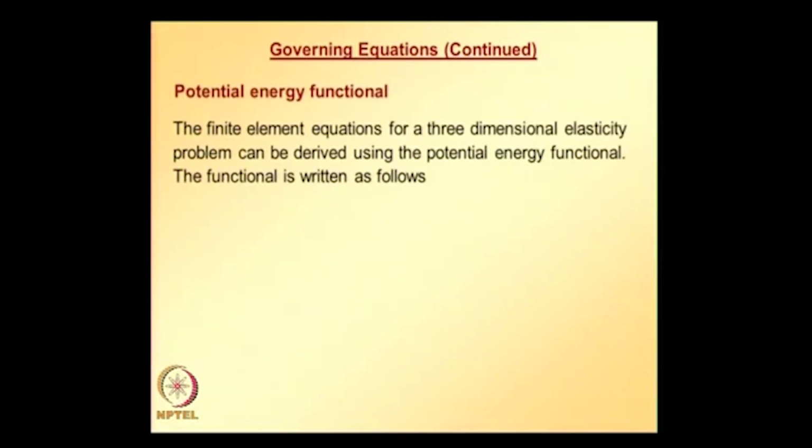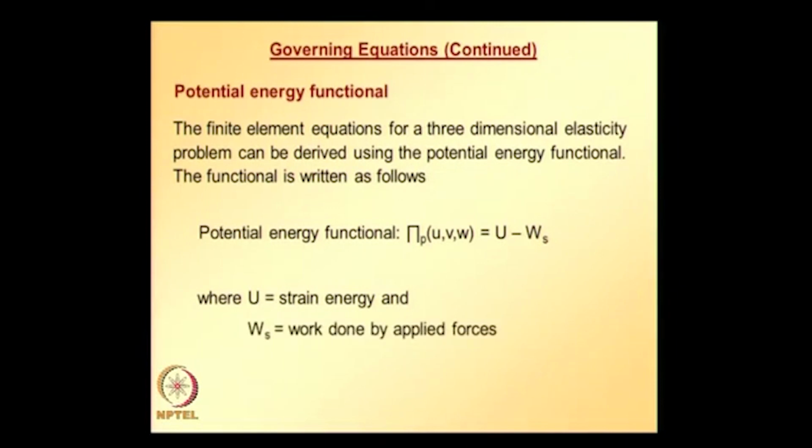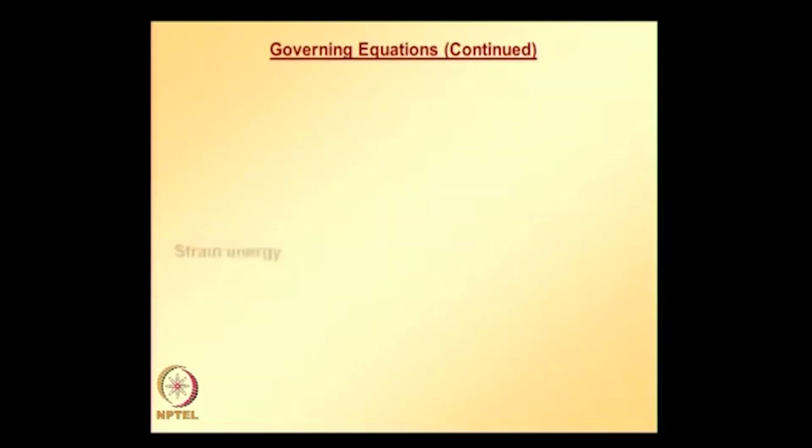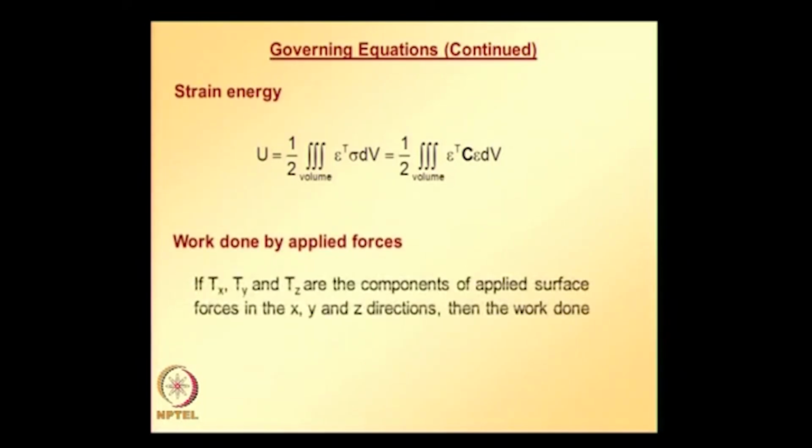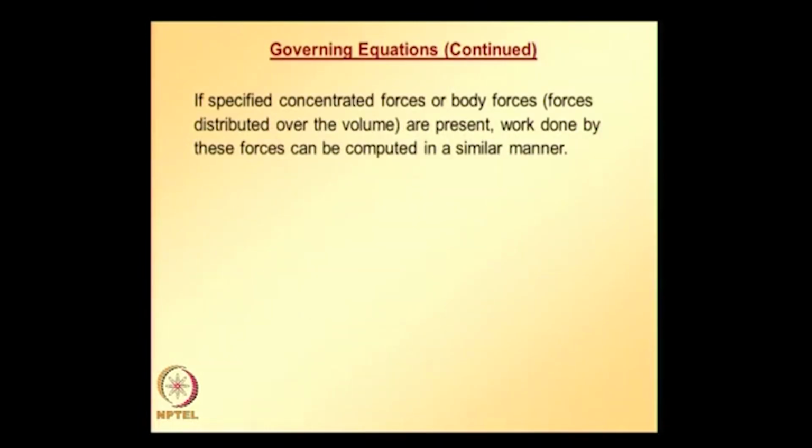So in the last class we have seen potential energy functional for 3-dimensional elasticity problems looks like this, where Us is strain energy, Ws is work done by the applied forces, and also we looked in detail how to calculate the strain energy by evaluating this integral, which is going to be volume integral, and work done by the applied forces is given by the traction components multiplied by displacements along that particular direction integrated over the surface on which traction is applied, and if specified concentrated forces or body forces are present, work done by the corresponding forces can also be computed in a similar manner.